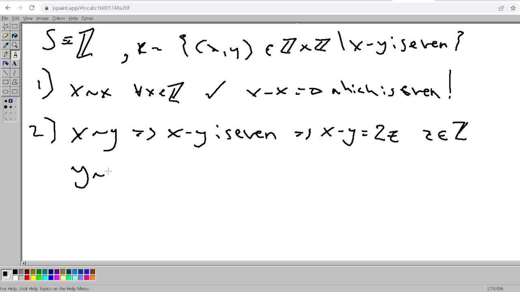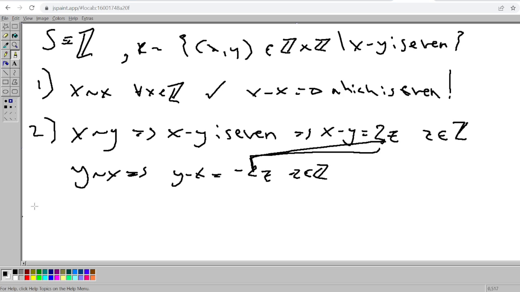If we have y related to x, we can say that y minus x is equal to negative 2z with z in Z, which, basically, those are the same.